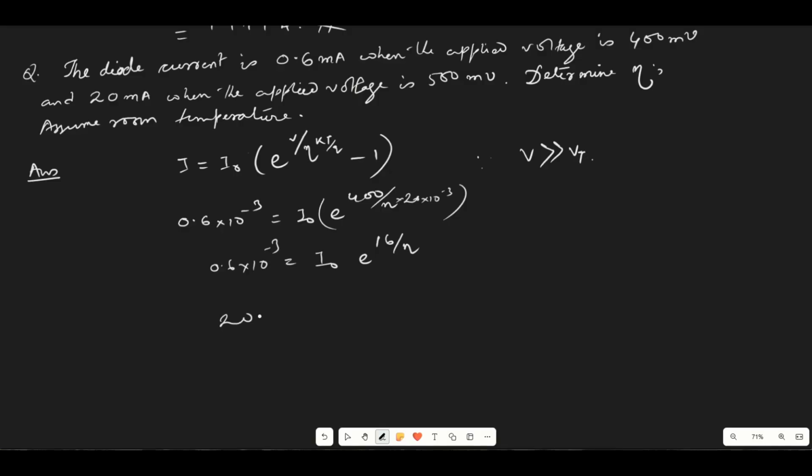Next, similarly for the second part, that is 20 milliampere, the equation will be given as I naught after simplifying, so we have this as e to the power 20 by eta. Now if we take the ratio of these two, let us consider the bigger term on the top.